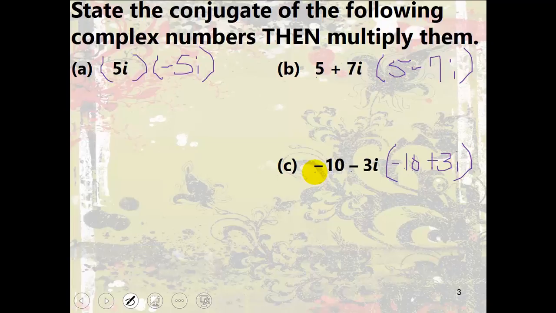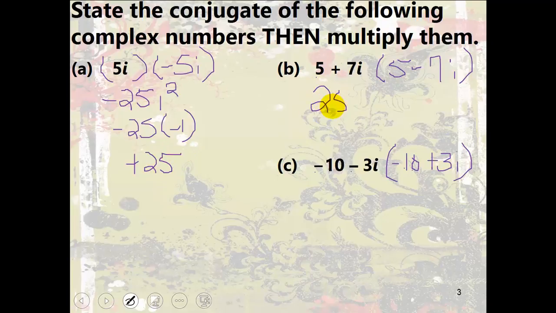So now let's multiply this together. I get negative 25i squared, which becomes positive 25. Let's use our fast method. I get 5 times 5 is 25, plus 7 times 7 is 49.